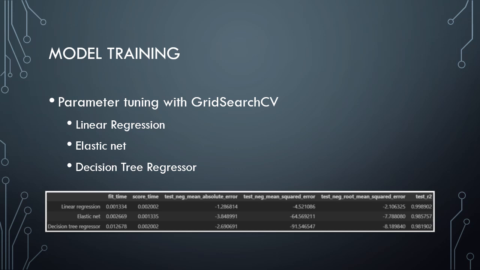The grid search hyperparameter tuning is applied for all of them as well, and below is the result. Linear regression shows the highest R2 score of more than 99% and negative mean square error of negative 4.5. Therefore, it is proven that linear regression is the best performing model that we have.